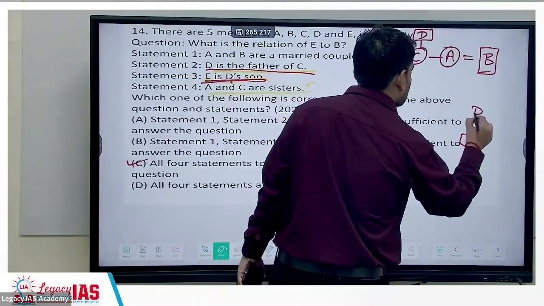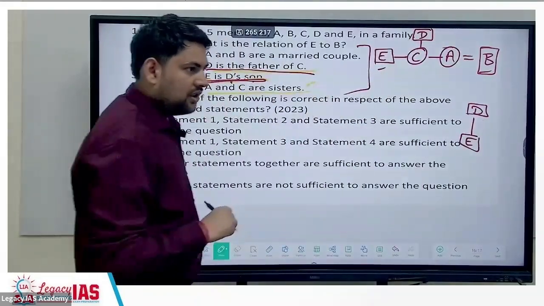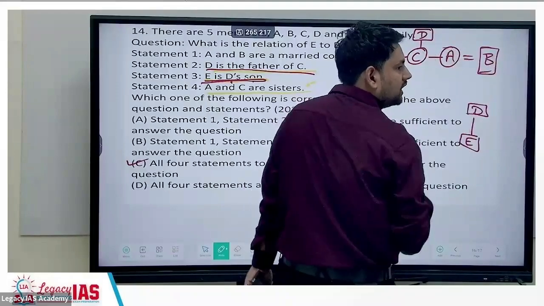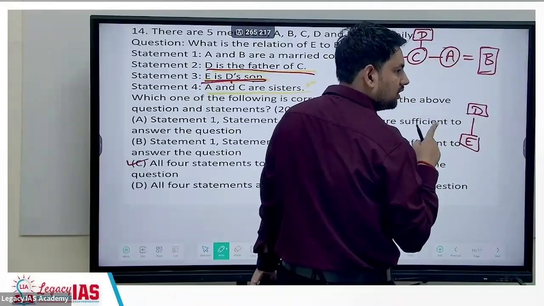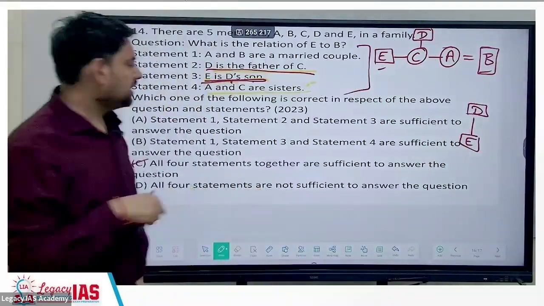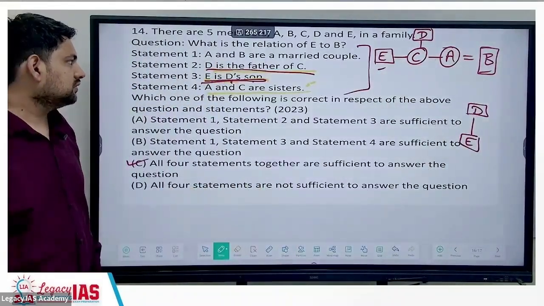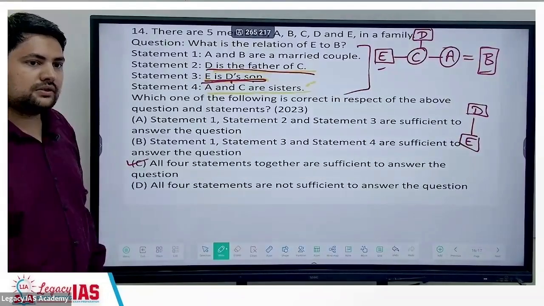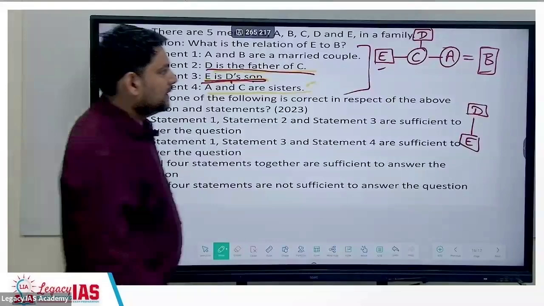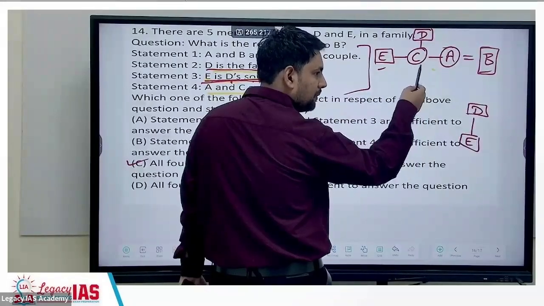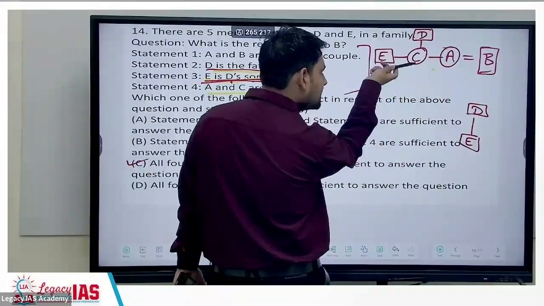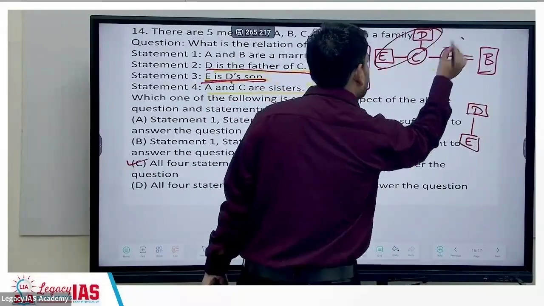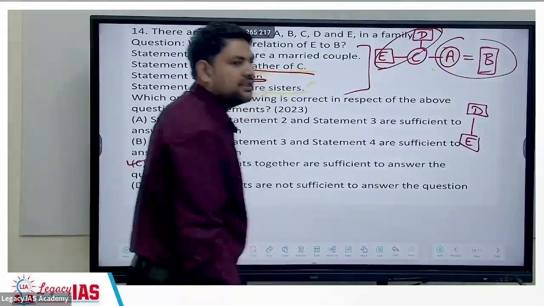E is D's son, correct? But how will you connect E to the other part, that is A, B and C? That connection also you will need, no? Right? So that's why E is D's son. Understood? Because B and A are connected to C, that we know. But we also need to establish that C is also connected to D. Otherwise, these two parts would be fragmented without C. That's why it's important.